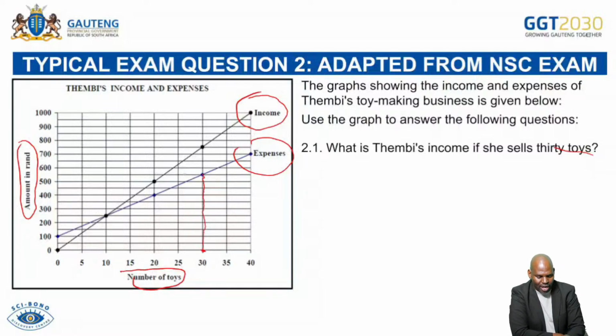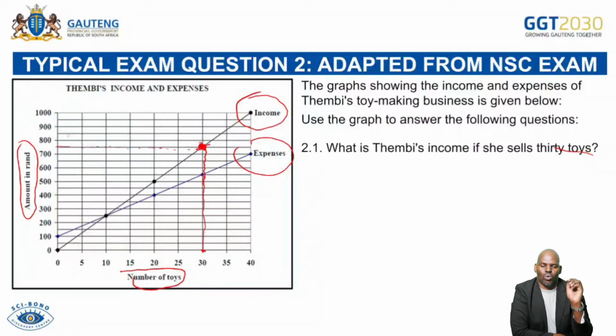So we can't read it there. Okay, we have to go up until we touch the graph of the income. Now at this point, that is where we need to check how much this is. This is between 700 and 800 rand.